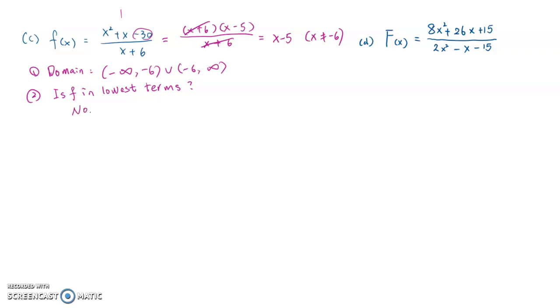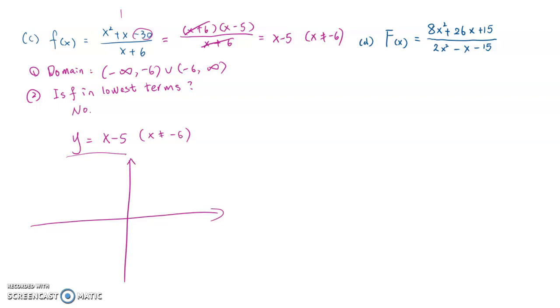This function turned into y equals x minus 5 with a hole in it, which is at -6. So y equals x minus 5 is actually a line. This graph is basically a line with a hole in it. What is the line?